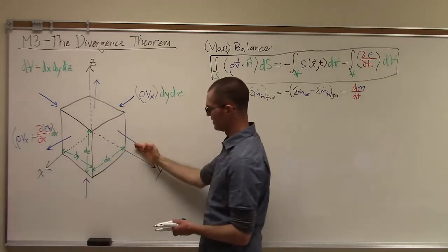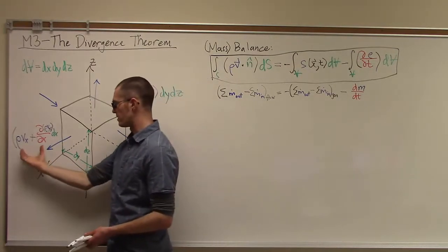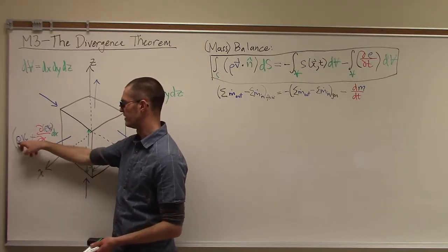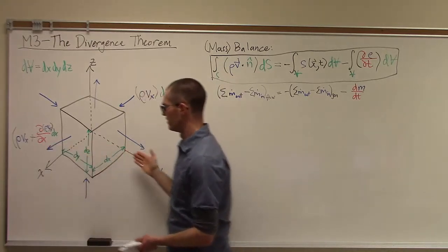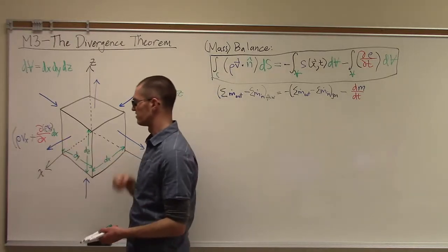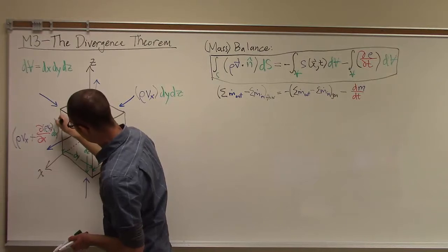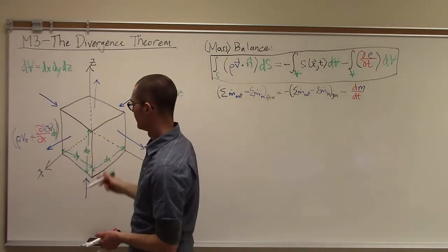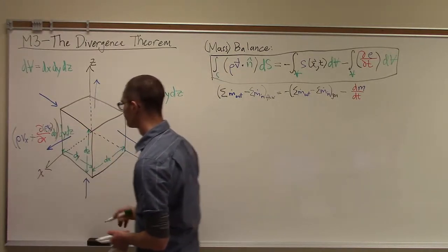So to go from over here to here, we moved a distance of dx. So the magnitude of the flow over here, the mass flow rate, is rho vx at x equals 0 plus the change per unit change in x times the distance that we moved, dx. And then this whole expression here is again multiplied by the area of the face. So dy dz.